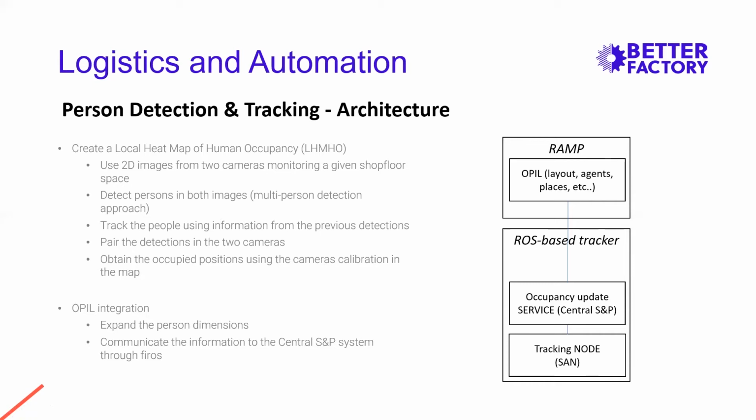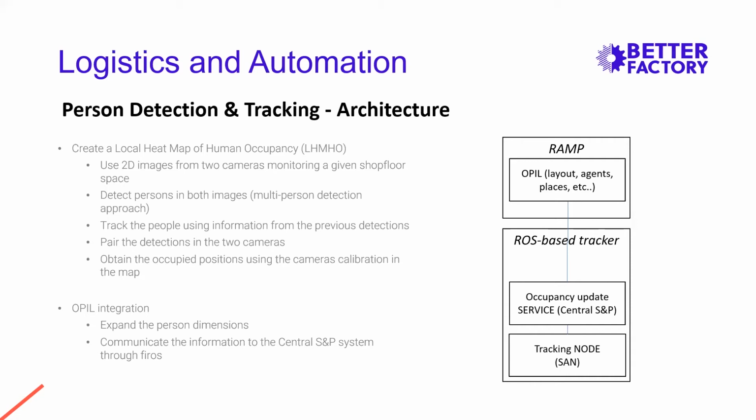We identify people as a general abstraction, and then perform the tracking between consecutive images from the same camera and synchronized images from both cameras. So we have a double synchronization to extract the 3D position of the person in the environment. We have the information about the occupied positions in the grid map, in the local heat map, and this is the information that is forwarded outside the tracking node.